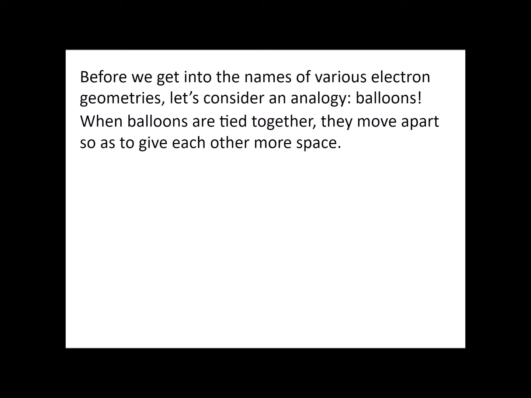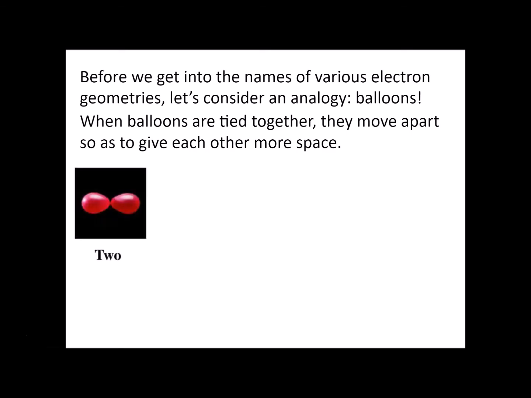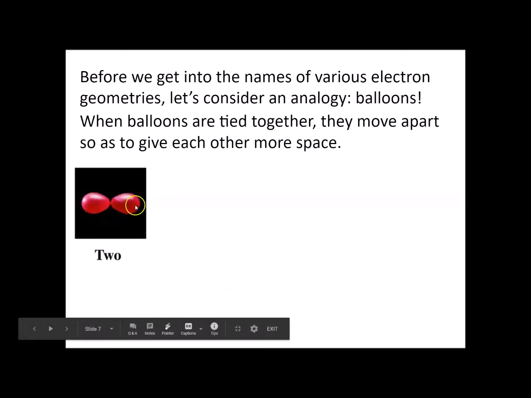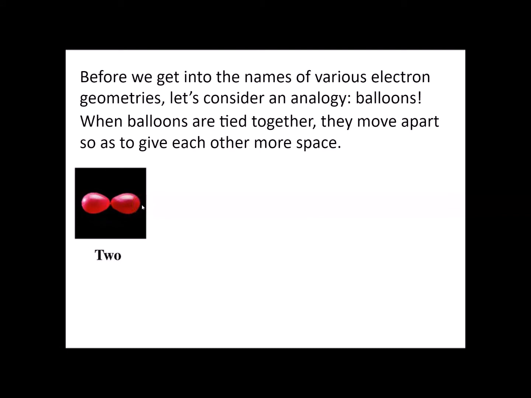They're trying to give all the other balloons as much space as possible. So if I take, let's say, two balloons and I tie them together, they're going to come to a resting position where the balloons are pointing exactly opposite each other in space.